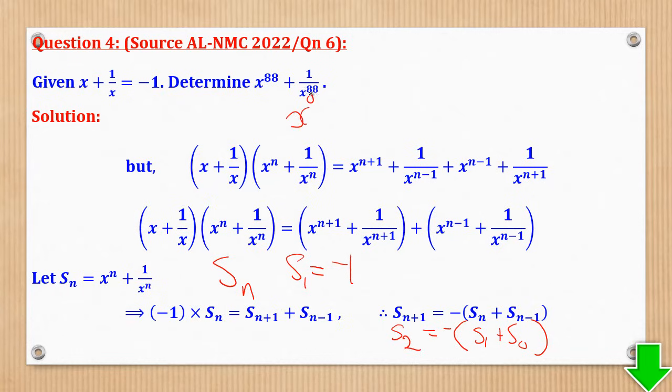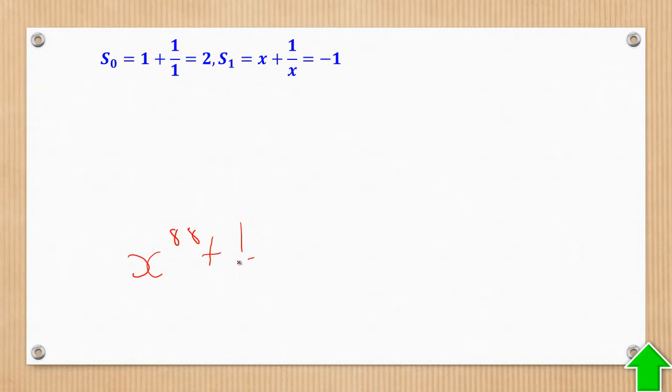And we all know that any number at power 0 is 1, so 1 plus 1 gives you 2. So in short, S0 is 2. When we use those, we shall now be able to get the rest.